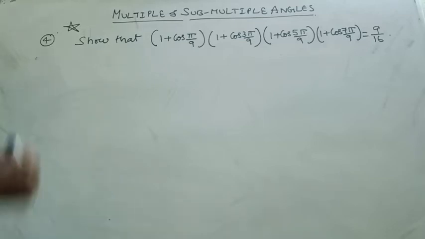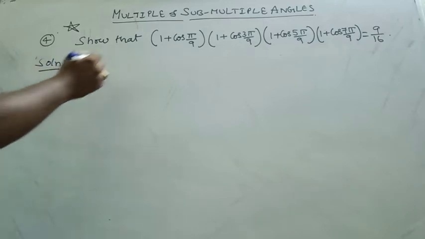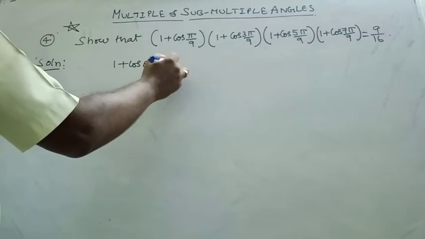Okay, fine, my dear students, how are we going to do this particular problem? We know that 1 plus cos theta is equal to 2 cos square theta by 2.